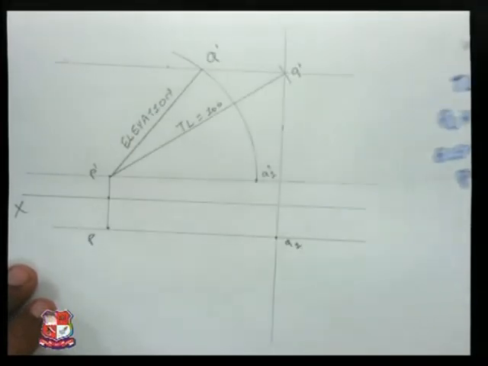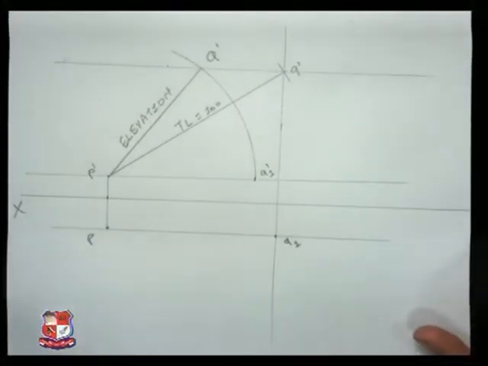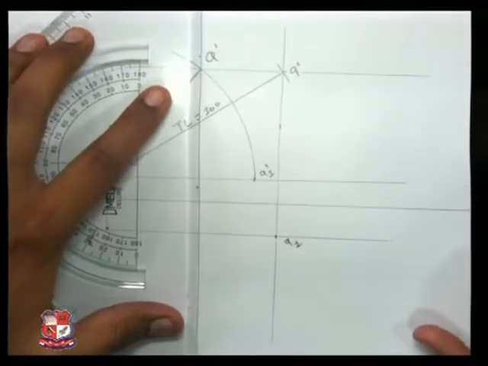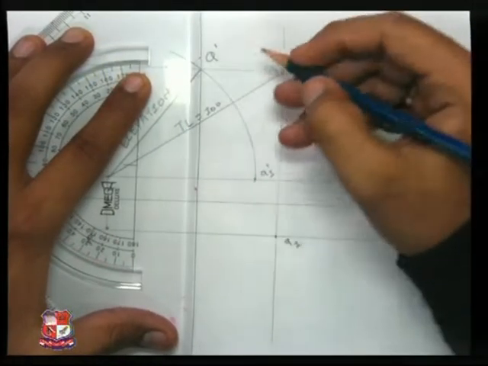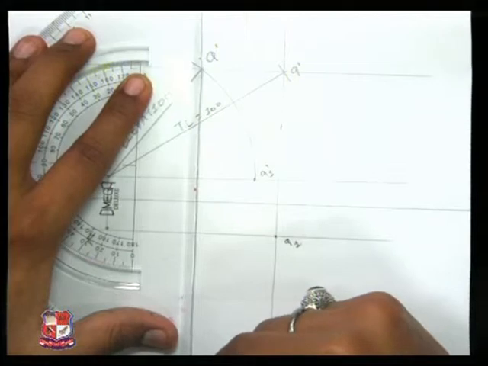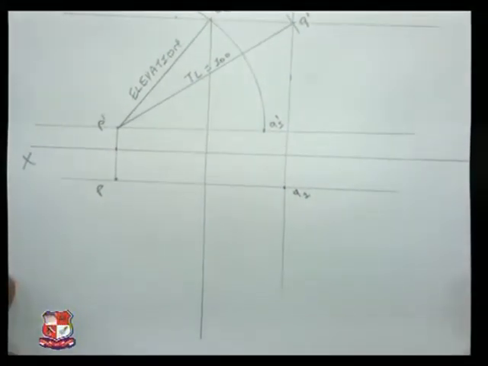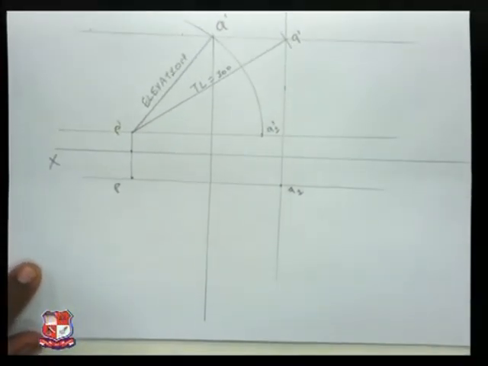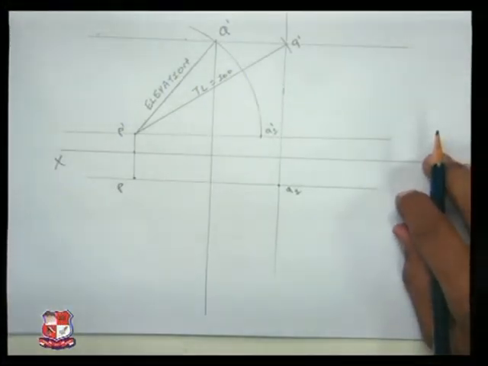Now we need to find the phi. How are we going to find it? Elevation and plan are always in the same projection line. So we take projections from the elevation to the lower level. We have the plan length of 80 mm.